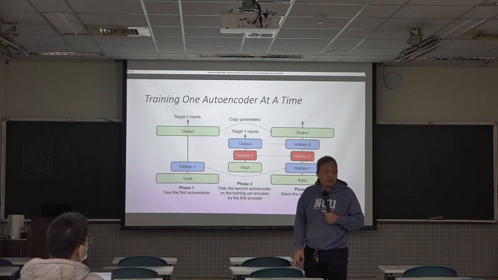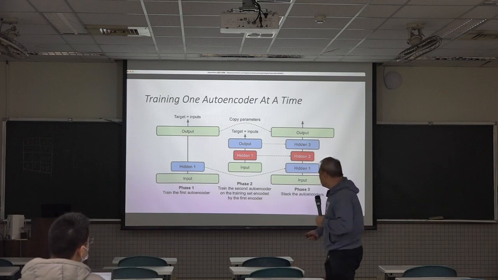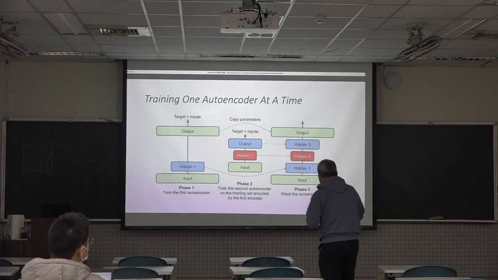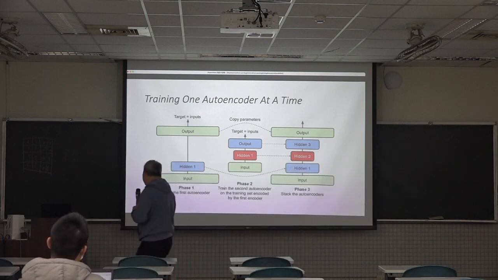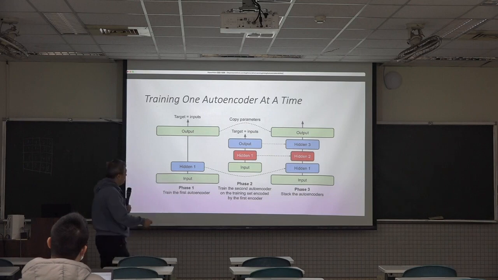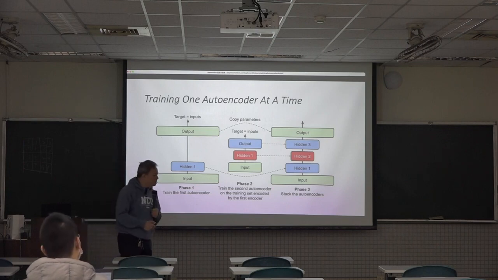However, back in the old days, like 1990 and even the early 2000s, training a deep model was still a difficult task, so they used this greedy layer-wise training to gradually stack up a deep neural network, a deep autoencoder.